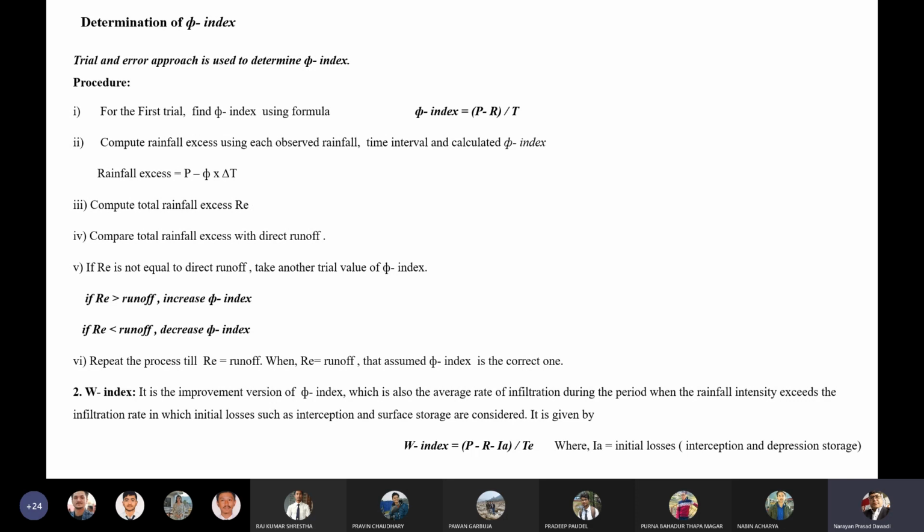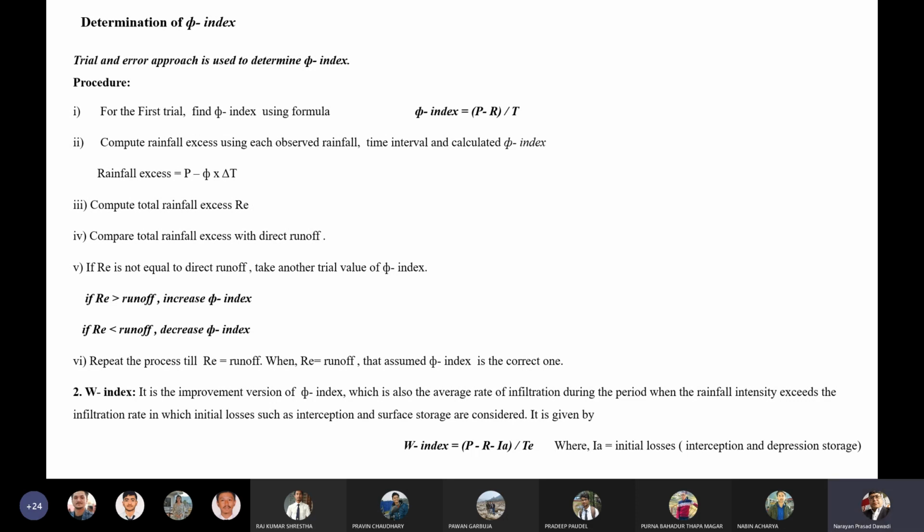But W index is the improved version of the phi index, which is also the average rate of infiltration during the period when the rainfall intensity exceeds the infiltration rate, in which initial losses such as interception and surface depression are also considered, and it is given by W index is equal to P minus R minus IA divided by T, where IA is equal to initial losses.